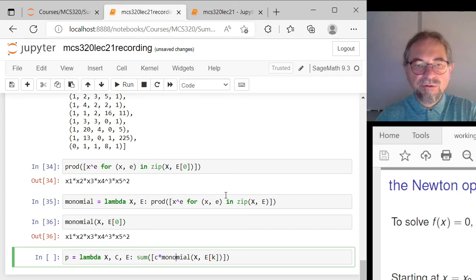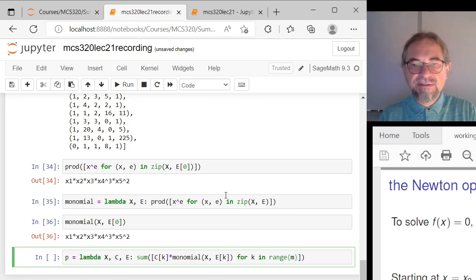I will now work with the indexing. So I have ck times monomial, where k runs in the range m. And the m is the length of the coefficient vector.